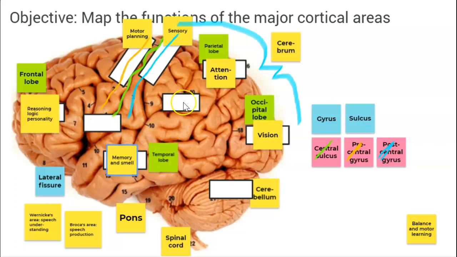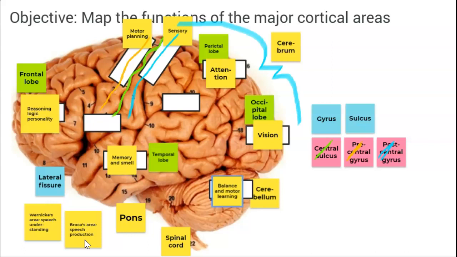And then you'll notice we have 3 other spots. One of them is important in balance and motor learning and coordination. And that one is the cerebellum. So balance and motor learning. And then there are 2 areas that are related to speech, and they were named after the people who discovered them. So Broca's, I always think, is broke, right?